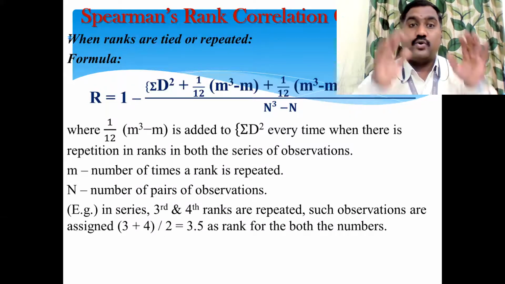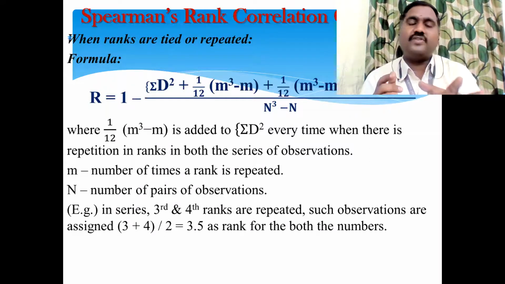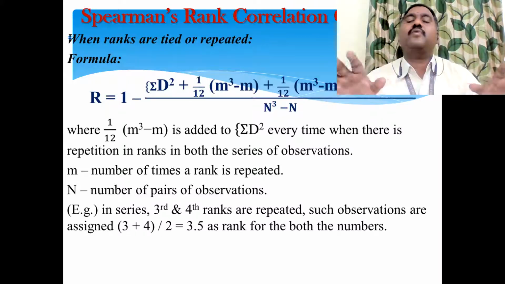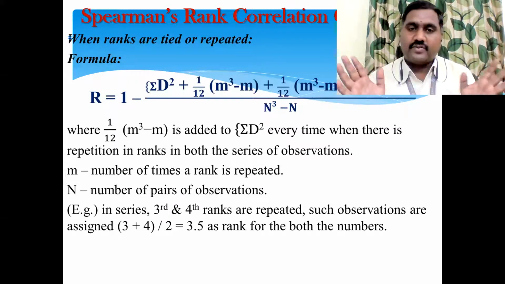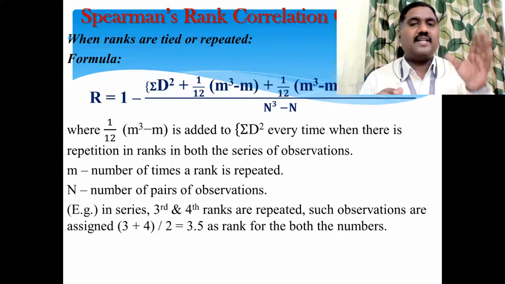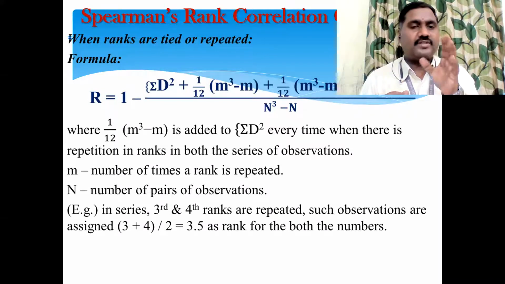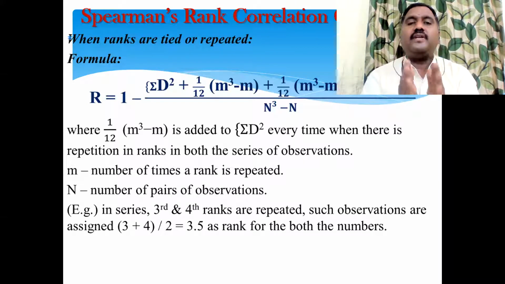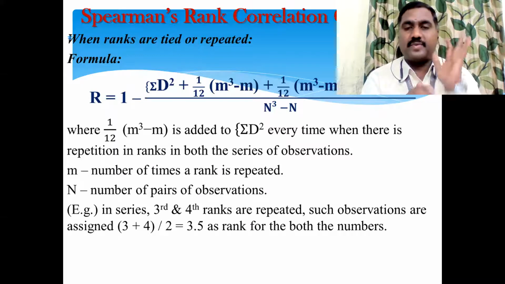Please understand. Don't confuse with the formula, guys, because if you confuse with the formula, then whatever problem I'm working out, it will be confusing for you. So please understand this 1 minus 6 into summation d square that you know. This 1 by 12 m power 3 minus m is for how many times the particular rank or number is repeated.